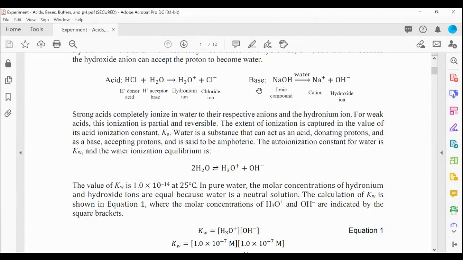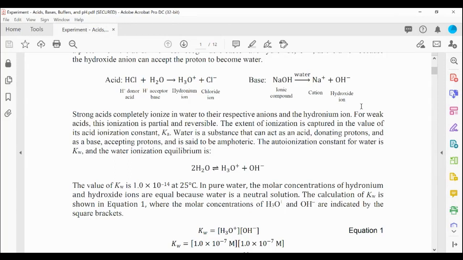That is strong. And here we have a strong base, because for the sodium hydroxide we also see an arrow in only one direction, which means as soon as the sodium hydroxide is placed in water, it's going to separate into the cation, sodium plus, and the hydroxide ion.